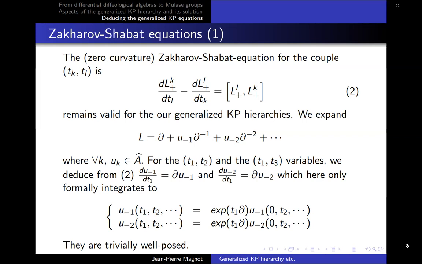And since this is not d over dx, we cannot integrate like this, and we have only a formal integration. Well, we can remark that it is well posed, and that the operator exp of T1 D is in psi hat star. But anyway, it does not furnish so many things more.